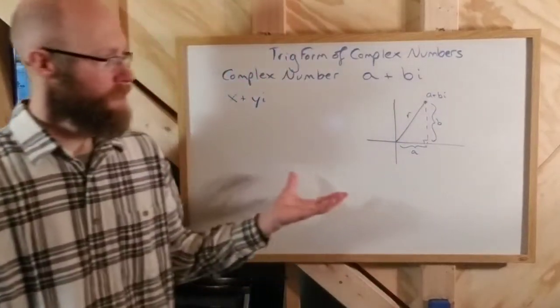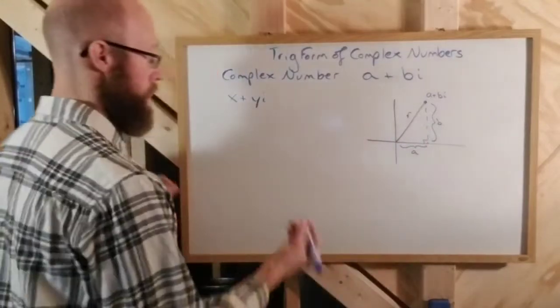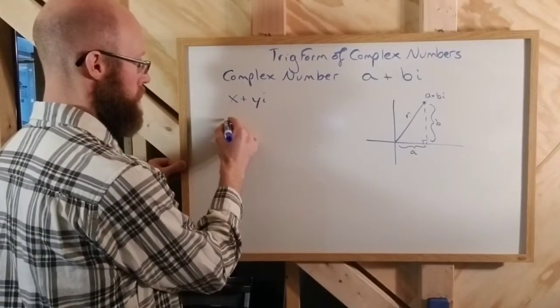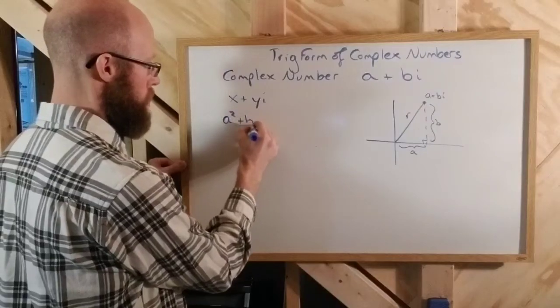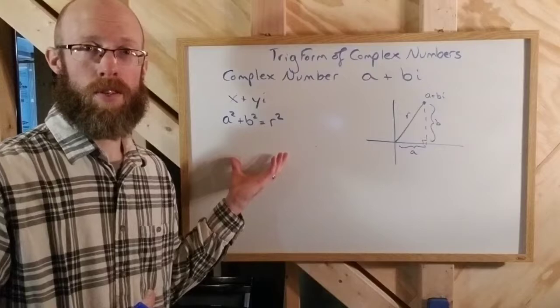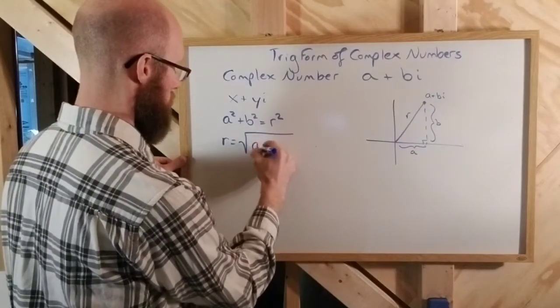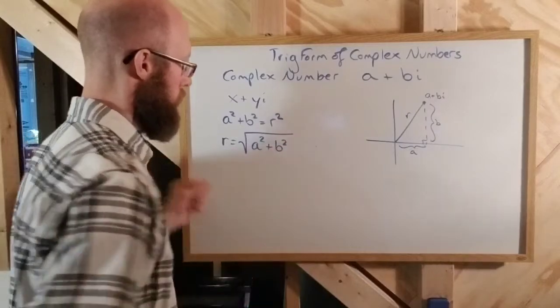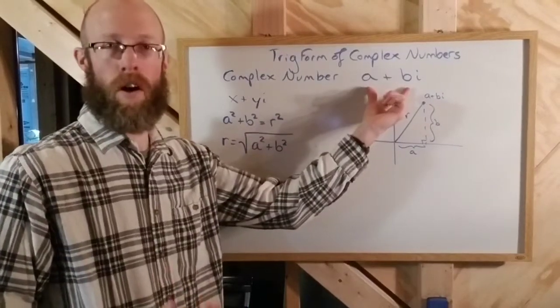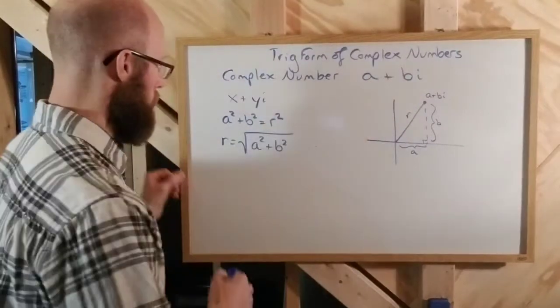Then all the relationships that we have for right triangles hold, right? The Pythagorean theorem, for instance, is a squared plus b squared equals r squared. Well, now I can just solve for r, so r is the square root of a squared plus b squared. Very simple. The a and the b come from the complex number.